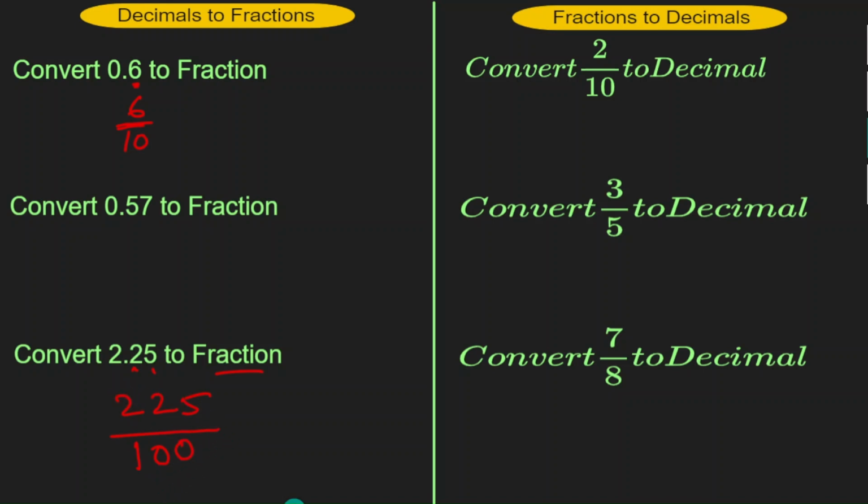So the numerator will be the same number that is in your question without the decimal point, and then you come down to the denominator and write just the zeros according to the number of decimal places, and then 1. So here it is very easy. It will be 57, and there are two decimal places. We will write 00 for two decimal places and 1.